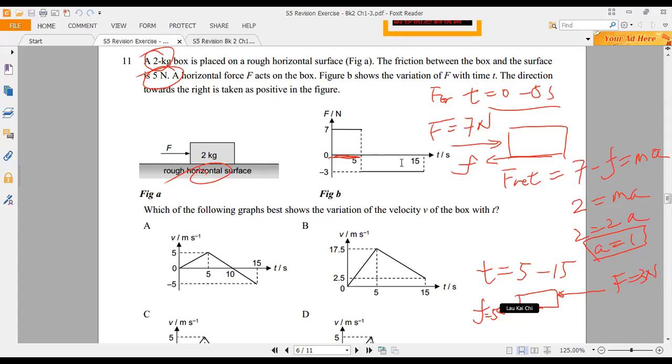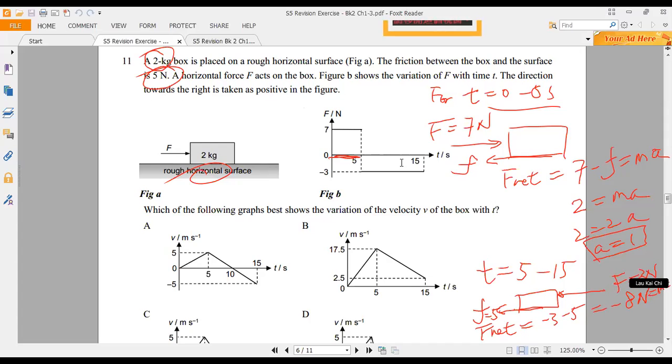So totally, the net force is equal to negative 3 minus 5. Both forces are going backward, so both of them are negative, and equal to negative 8 Newton. And also it's equal to ma.